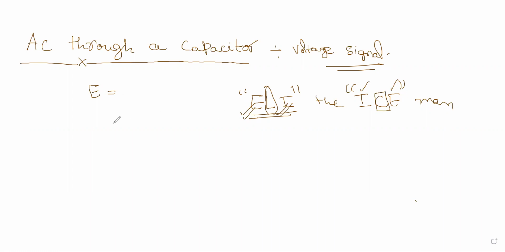So now we are going to see the ICE part. Why the current leads the voltage in the case of a capacitor is what we are going to see today. To start with, let's see the concept.